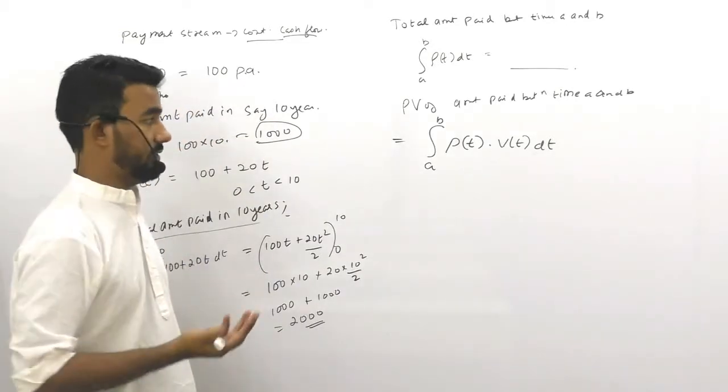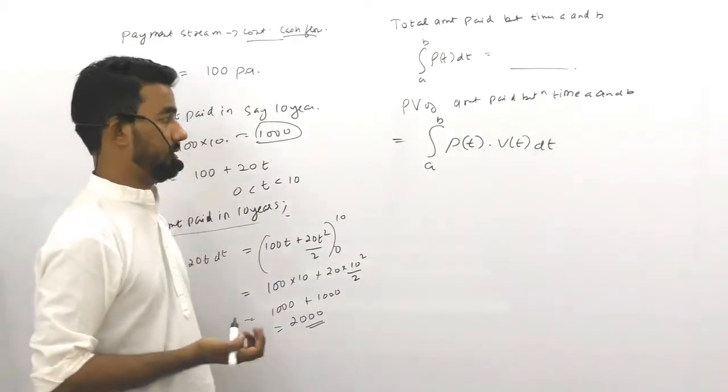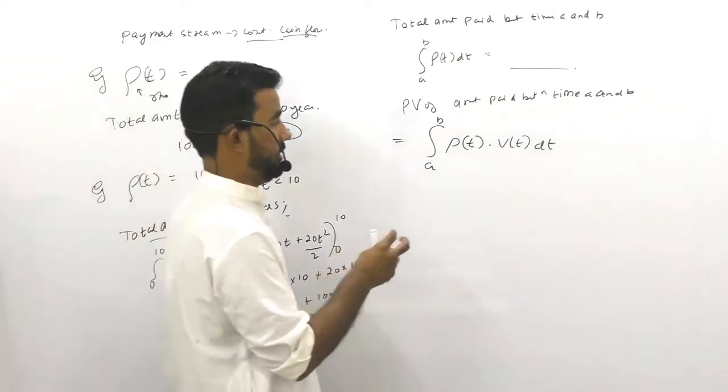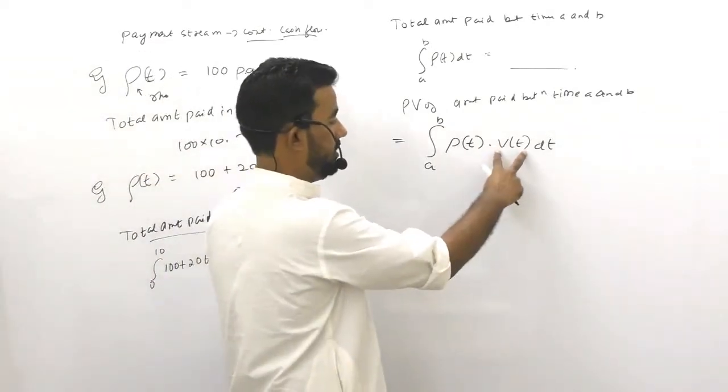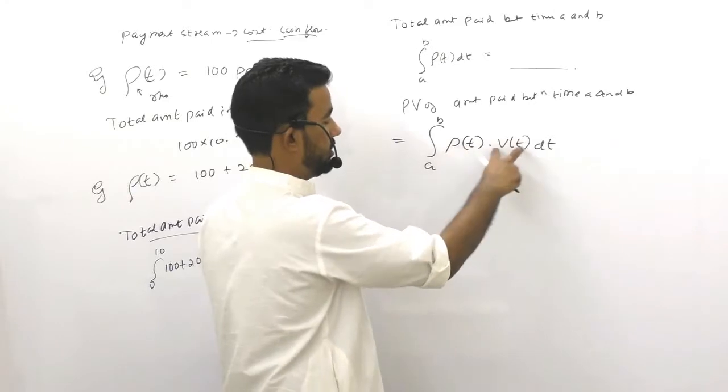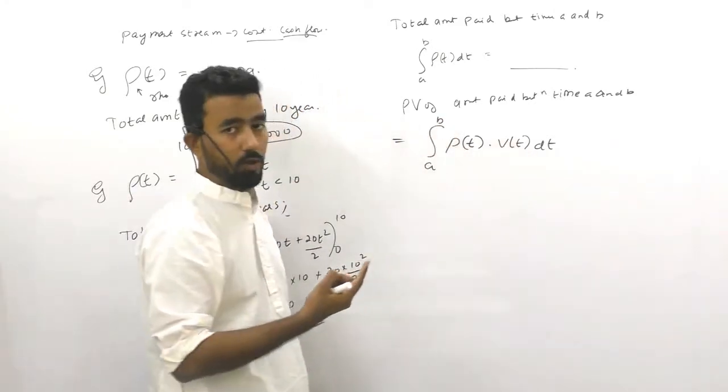We will shortly justify how this is correct. For the time being, let us just accept this as a definition or the basic formula: multiply the payment stream by the discount factor and then integrate over whatever range you want.